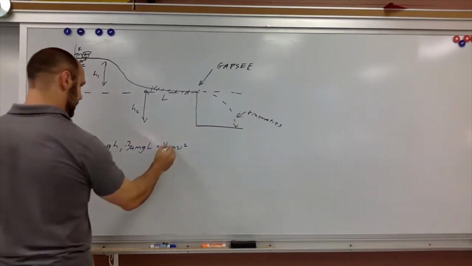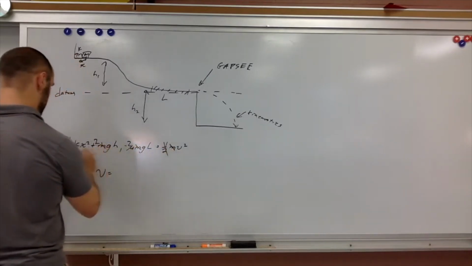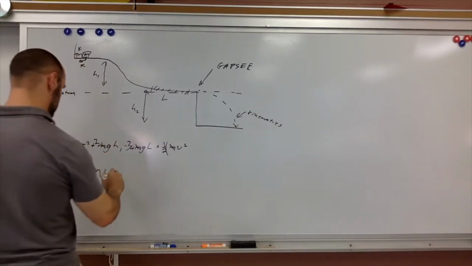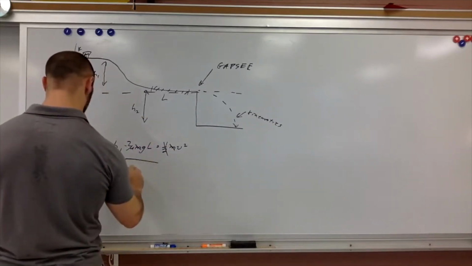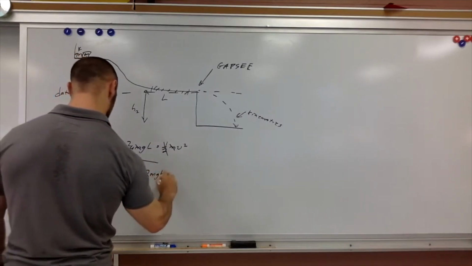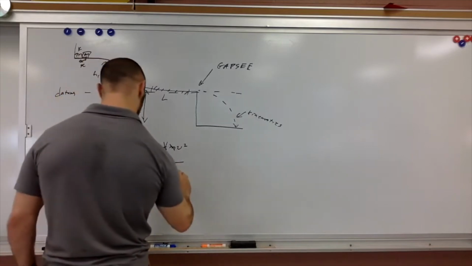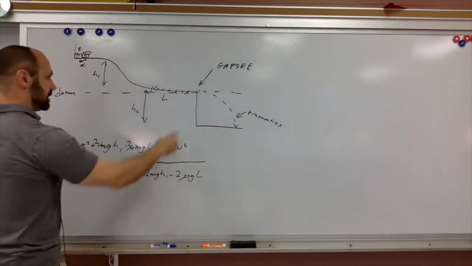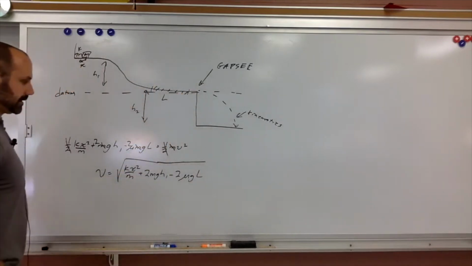Well, if I divide by m, then this goes away, and I just get this over m. So v is going to be the square root of kx squared over m plus 2 mgh1 minus 2 mu gl. That's the horizontal velocity at this point.